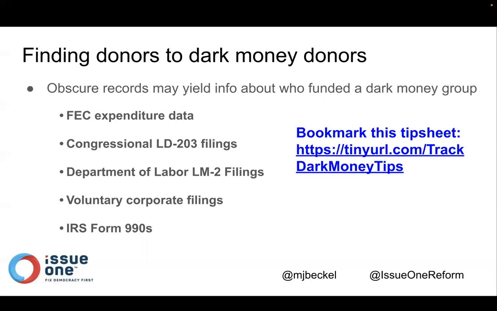Same thing with the LD-203 filings that cover lobbyist contributions to political candidates and political groups. These show an expenditure by a person to another entity, and sometimes registered lobbyists have to file reports with the House and the Senate in Washington that say, here are all of our political contributions, including contributions to super PACs or politically active groups.